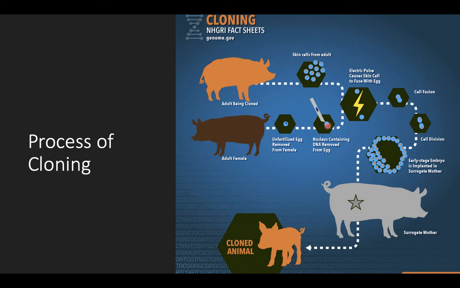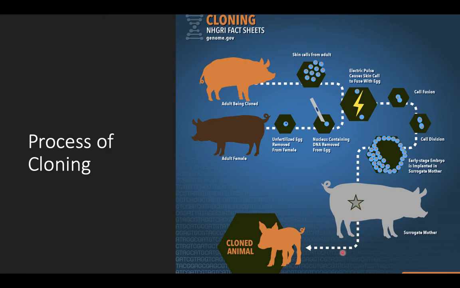So you take that hollow cell and you fuse it with the cell of the adult that you want to clone. And when the cells fuse and start dividing, you get an early stage embryo here. And then you can take that embryo and you can implant it into a surrogate mother. So that means that's the mother that's going to hold the embryo and give birth to it.